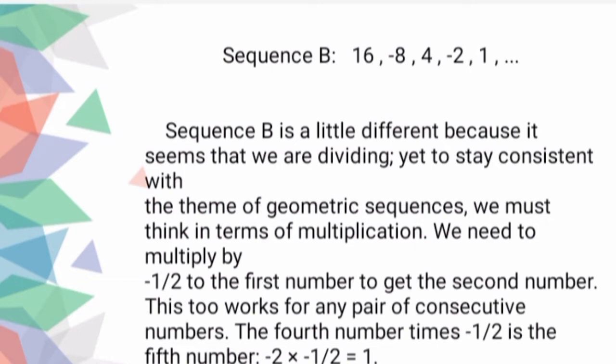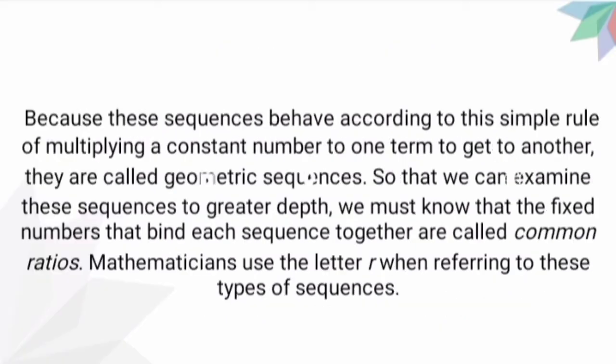We need to multiply the first number by -1/2 to get the second number. This works for any pair of consecutive numbers. The fourth number times -1/2 is the fifth number. -2 times -1/2 equals 1.